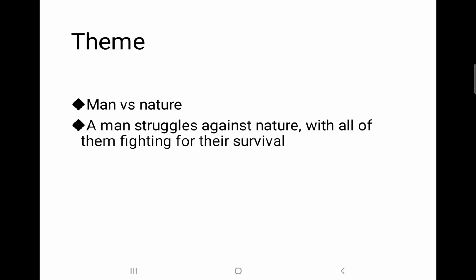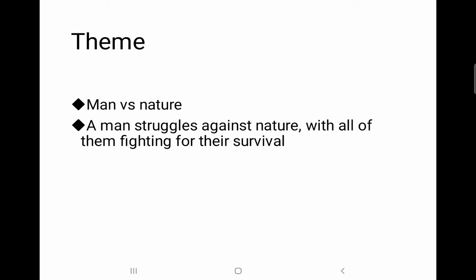But we need to be very specific and identify the idea. So here we could say that a man struggles against nature, with all of them fighting for their survival. Every one of them actually had valid motivations. The old man needs to catch the fish in order to stay alive because he needs that for nutrition.